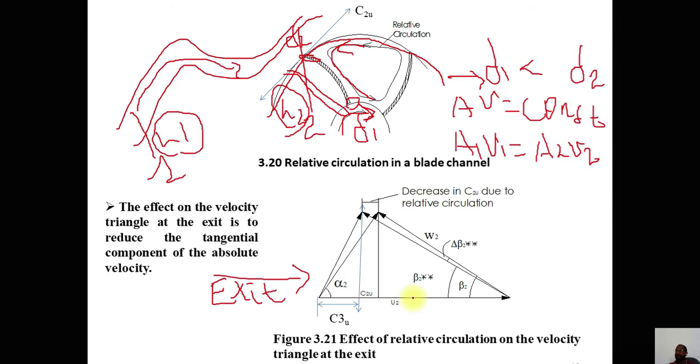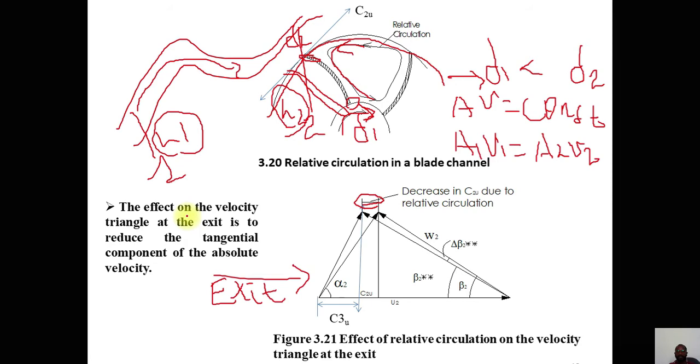If you take it, the original one is this one, but due to the decrement of C2U, C2U is decreased from its original position by this amount. There is a decrement in C2U. Why is C2U decreased? Due to inertiality.